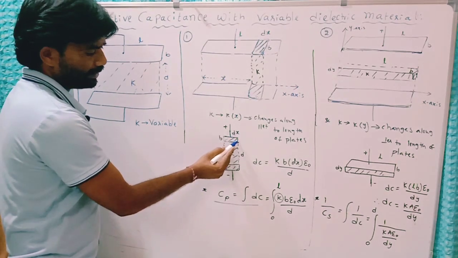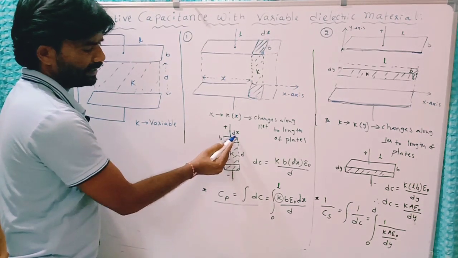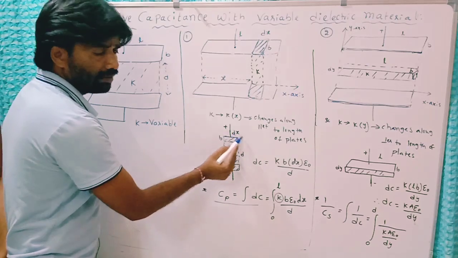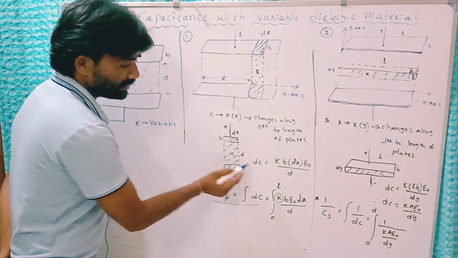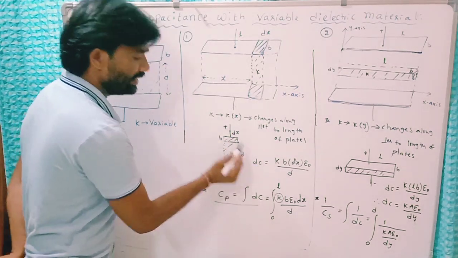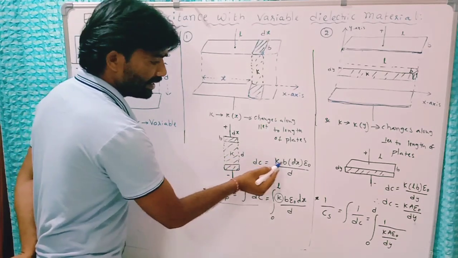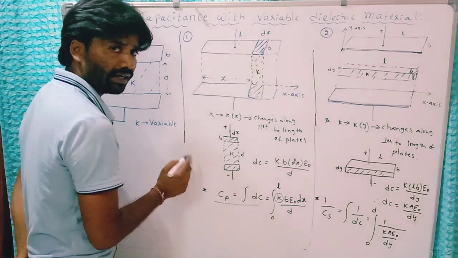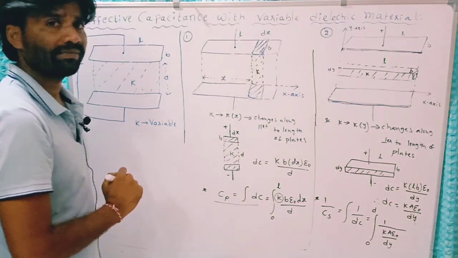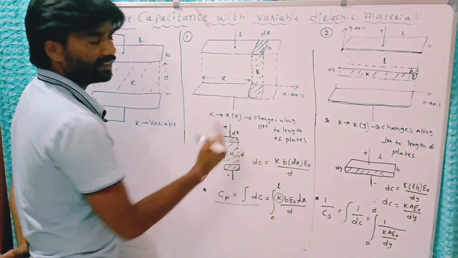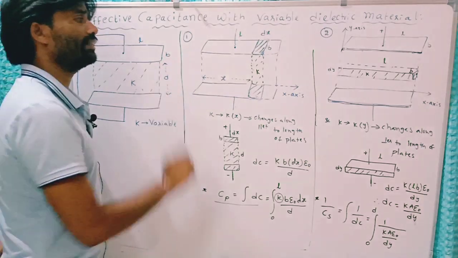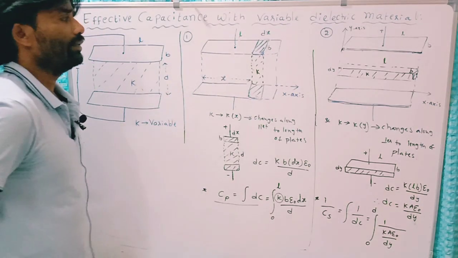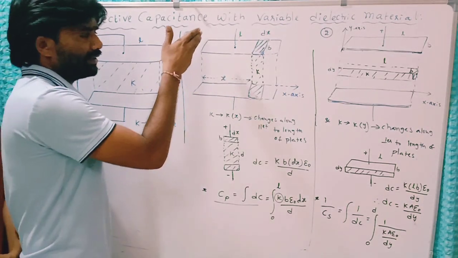Now you can see the plate dimensions are b and dx. This elementary capacitor's capacitance is dC equal to K A epsilon naught by d, where A is the area of the plates of the elementary capacitor.